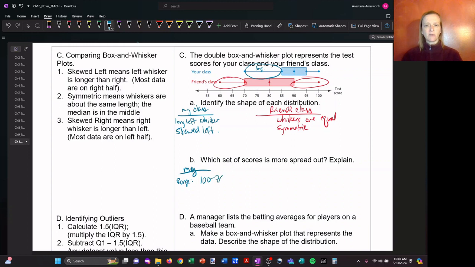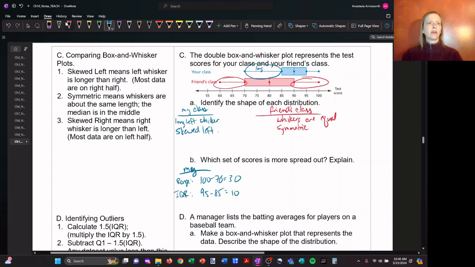So 100 minus 70 is 30. You can also look at the interquartile range, which is sometimes more appropriate for skewed data. The interquartile range is 95 minus 85, and that is a difference of 10.